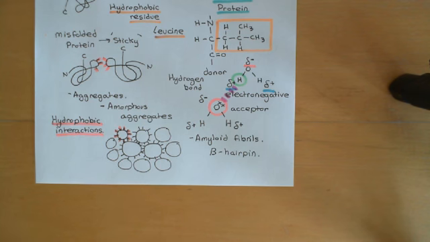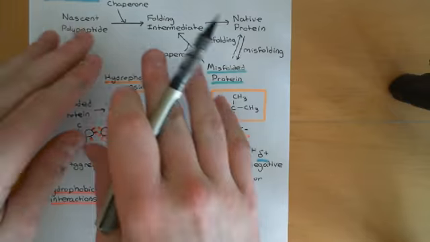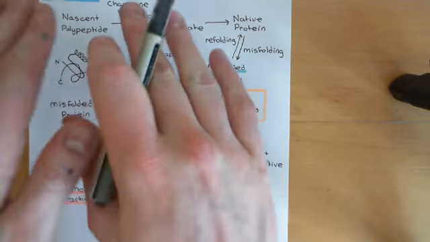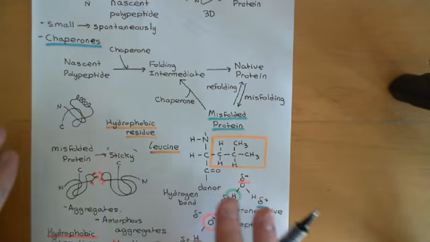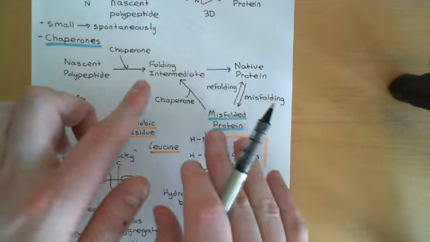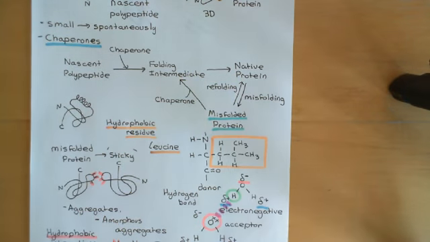Okay, right. So, just to complete the proteostasis overview, we've now seen how proteins are folded from nascent polypeptides to native proteins through the use of chaperones. We've seen that they can misfold and hopefully be refolded. We've now seen the danger of proteins misfolding: it can lead to them aggregating, either by forming amorphous aggregates or by forming amyloid fibrils.